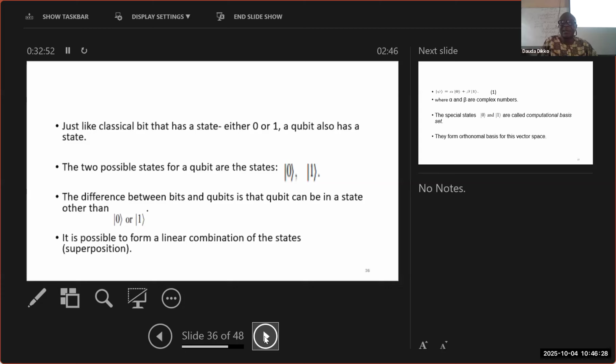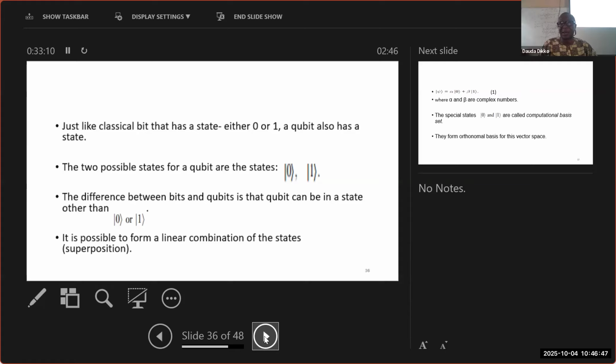Just like the classical bit that has states either 0 or 1, a qubit also has two possible states, 0 and 1.